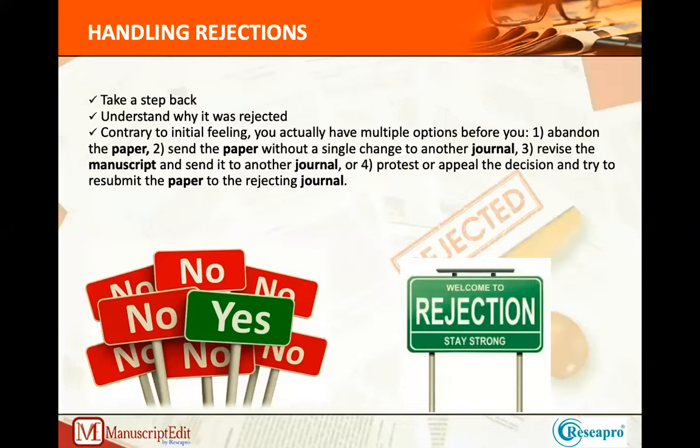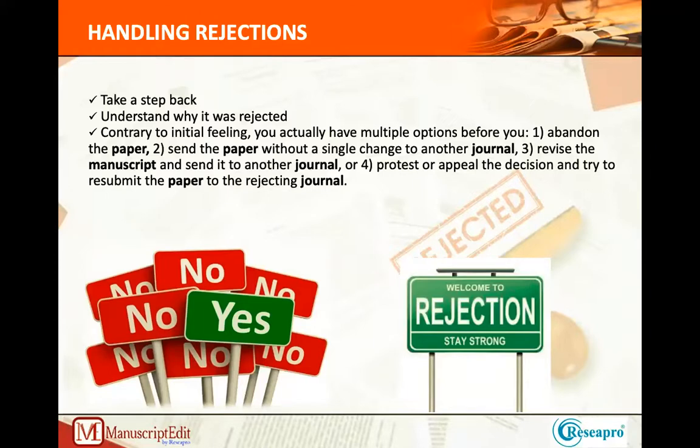Contrary to initial feeling, you actually have multiple options before you abandon the paper: send the paper without a single change to another journal, revise the manuscript and send it to another journal, or protest or appeal the decision and try to resubmit the paper to the rejecting journal.